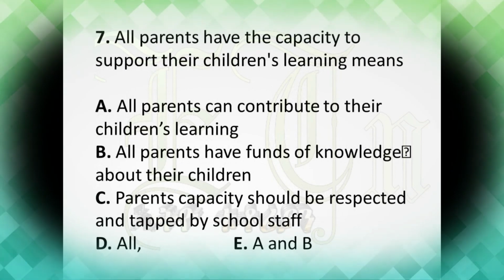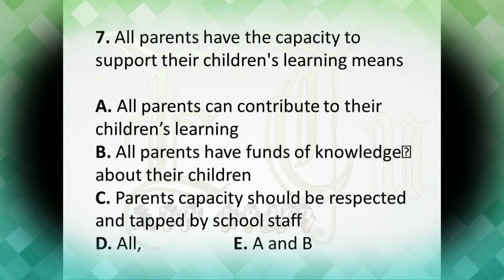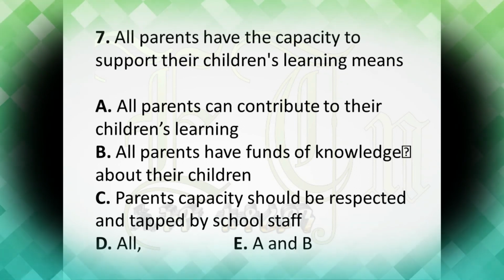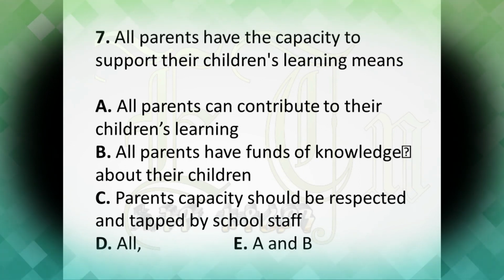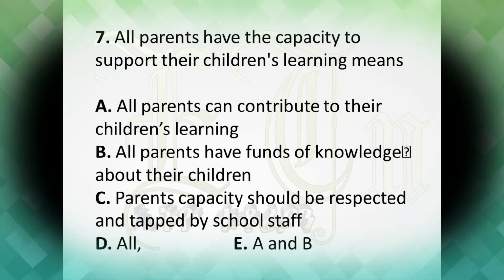All parents have the capacity to support their children's learning means: A. All parents can contribute to their children's learning, B. All parents have funds of knowledge about their children, C. Parents' capacity should be respected and tapped by school staff, D. All, E. A and B.